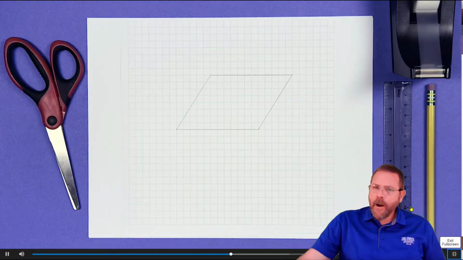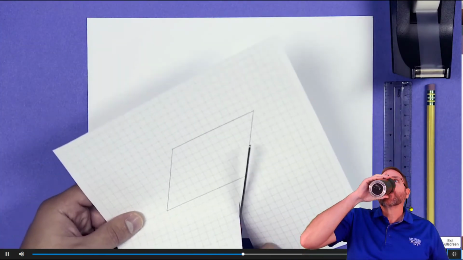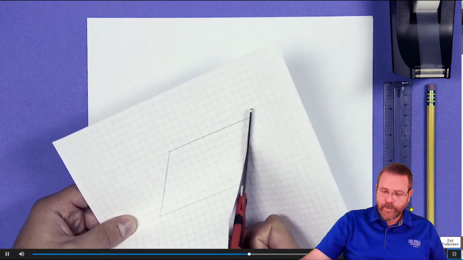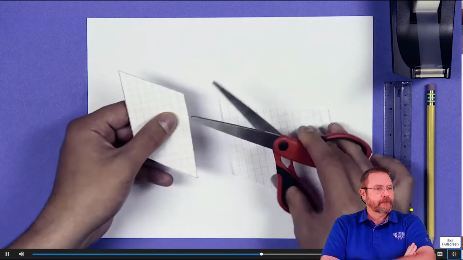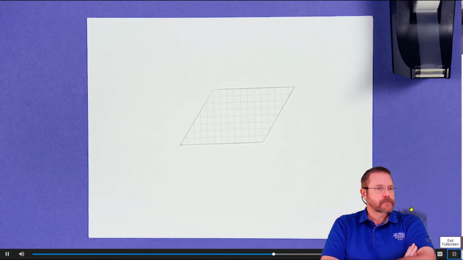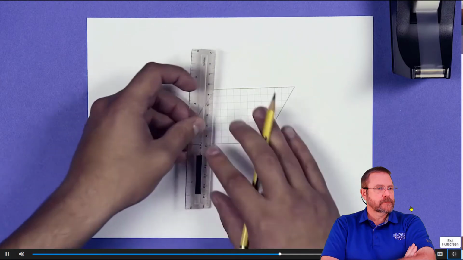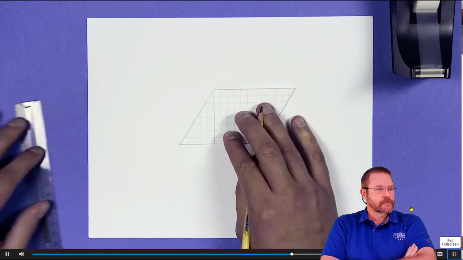Try another one. Cut out the parallelogram. Use a straight edge to draw a right triangle on the left side of the parallelogram by using the vertical grid line that forms the third side of the triangle.